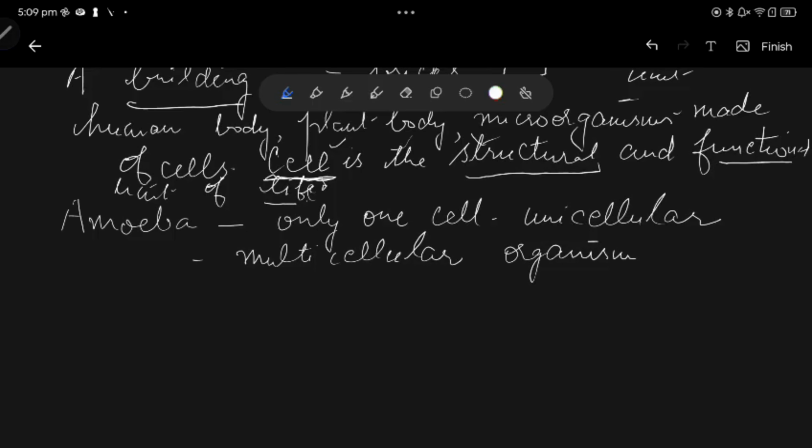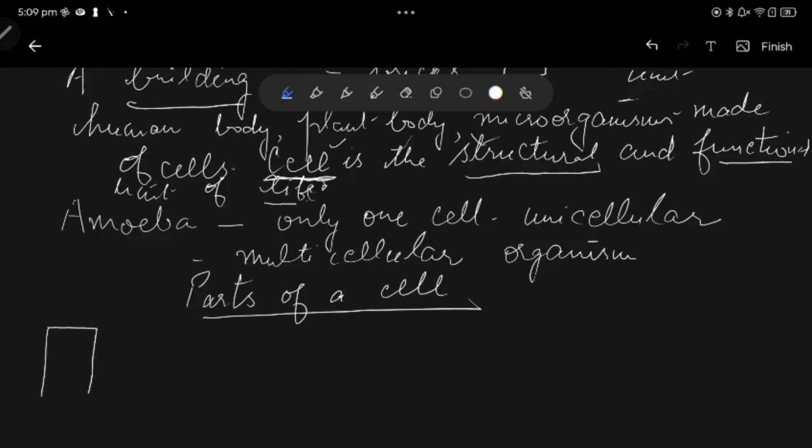Now let's talk about parts of a cell. If in a simple way we want to represent a cell, we can draw it like this. A cell has an outermost covering that's called the cell membrane.